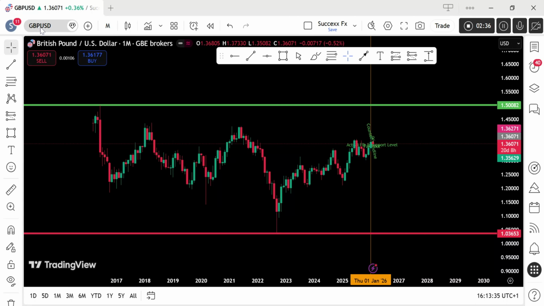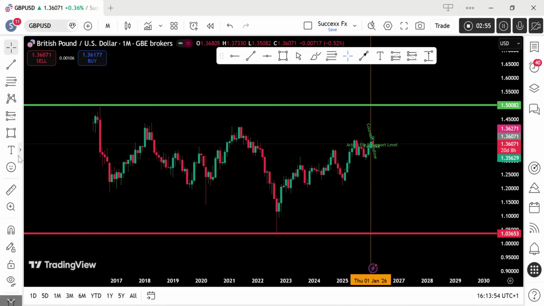So trading GBPUSD simply means you're trading two currencies. You're trading the British economy and you're trading the US economy. And it's usually stable. The movement is quite stable, as you can see.